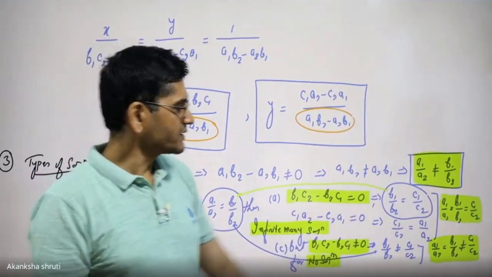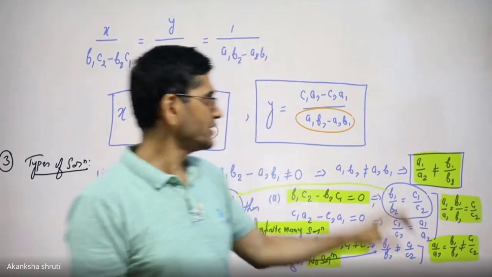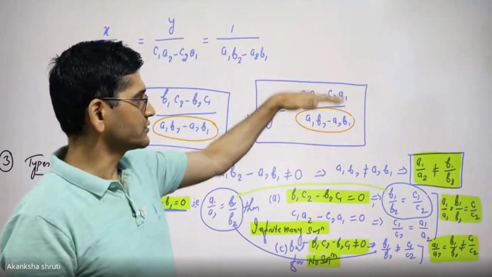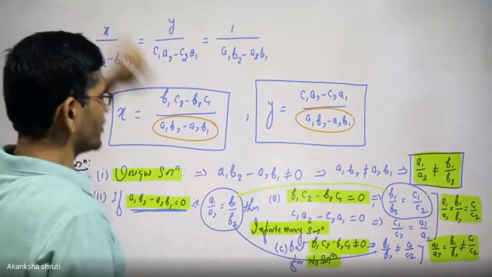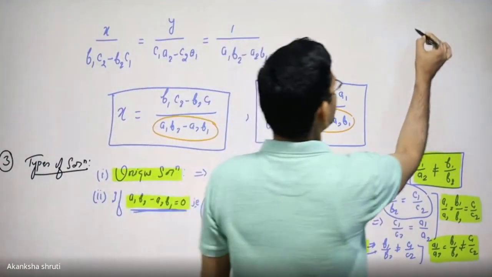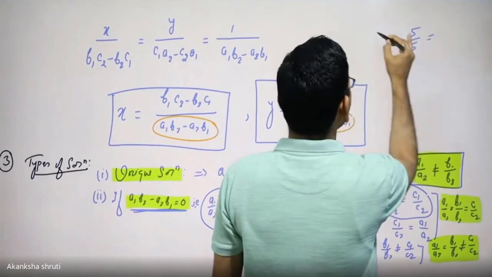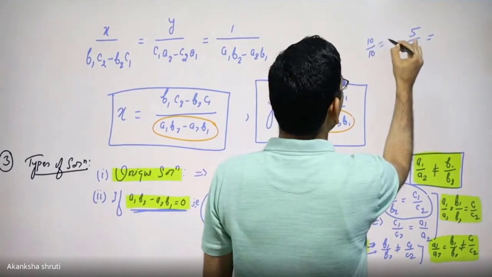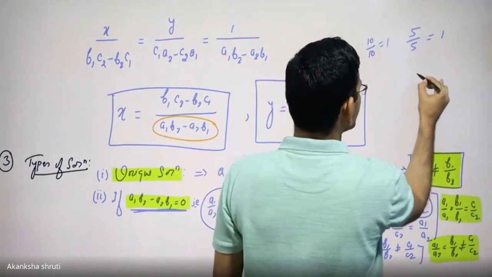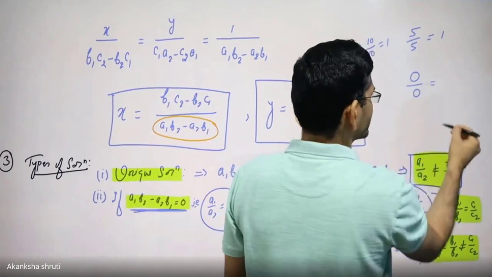Student, if this C1 by C2 is coming equal, then this signifies both are in the form of 0 by 0. As students, you will learn in higher standards that, like 5 by 5, or any number, say 10 by 10, is always 1. So what shall we take 0 by 0 as? Why not take it as 1?